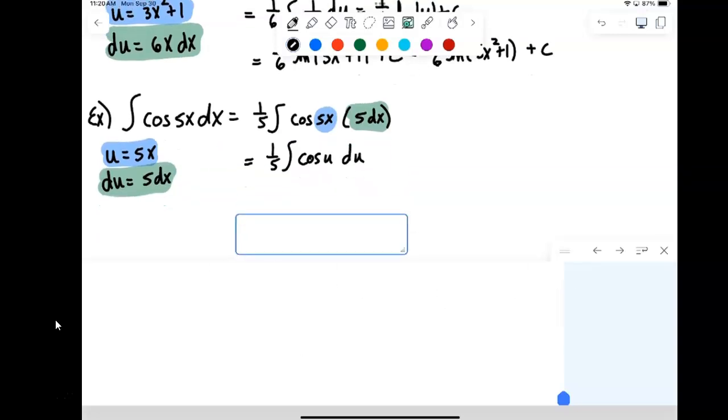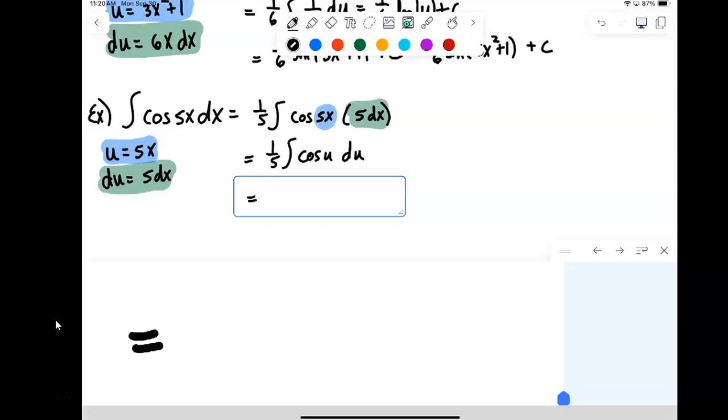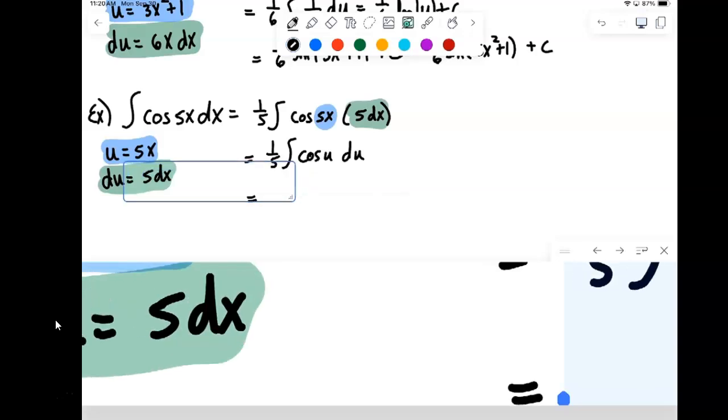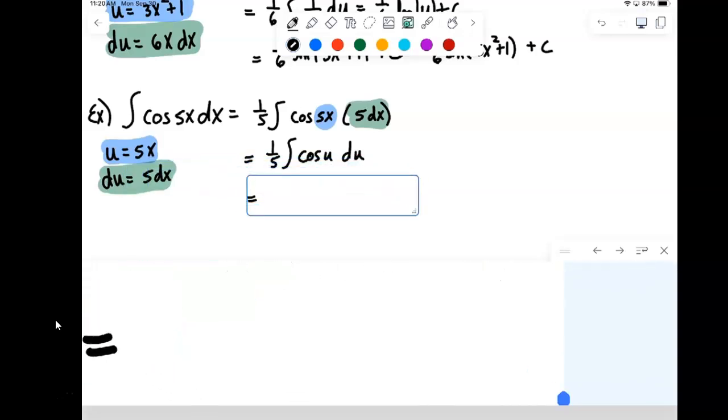Now, part of the reason that I teach it this way as opposed to an alternative way that you might have learned, which is solving for dx here, is because doing it this way, we remember that cosine is the derivative of positive sine.